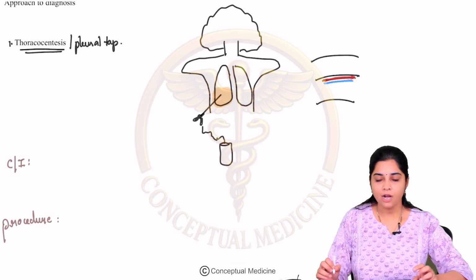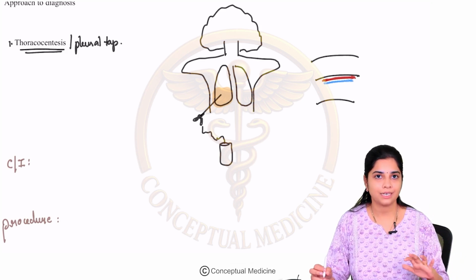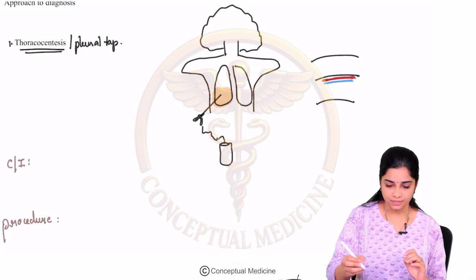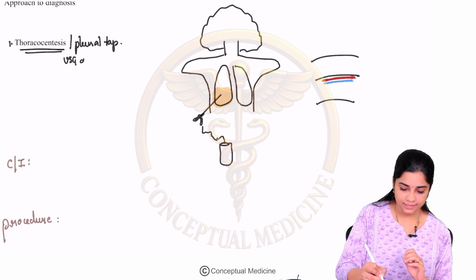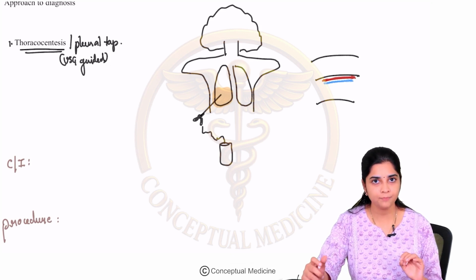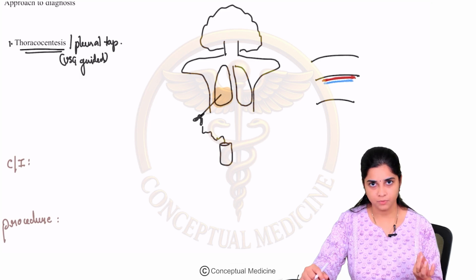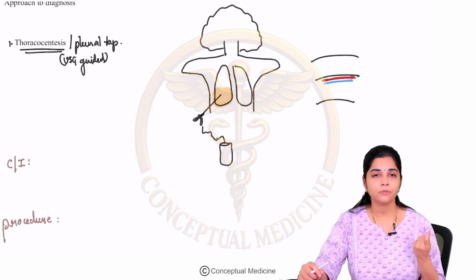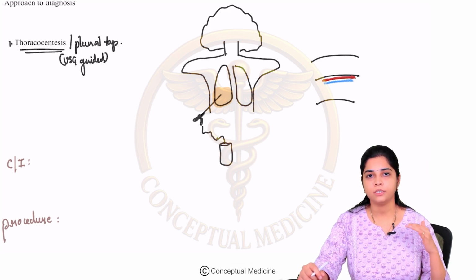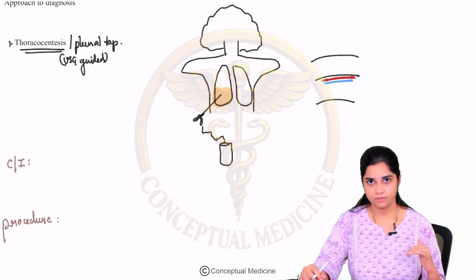Alright, so how is the pleural tap done? So usually in the current era, we do it as an ultrasound guided procedure. Previously we used to do it as a blind procedure as well, right? So the pleural fluid is usually taken from the posterior axillary or posterior region around the 5th, 6th intercostal space, right?